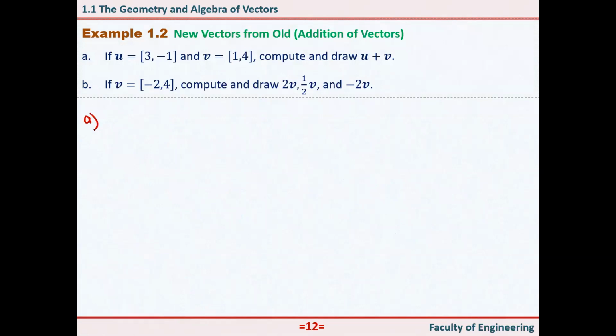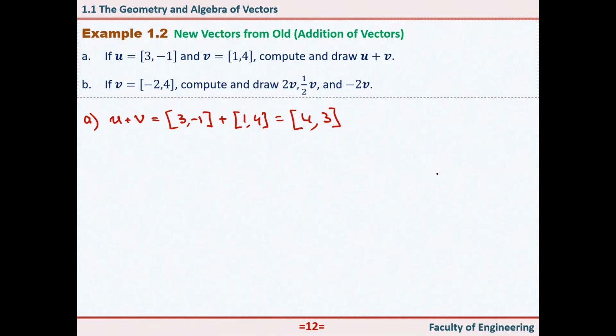So if you add u plus v, where u is 3, -1 and v is 1, 4, then 3 plus 1 is 4, right? -1 plus 4 is 3. That's the resulting vector.